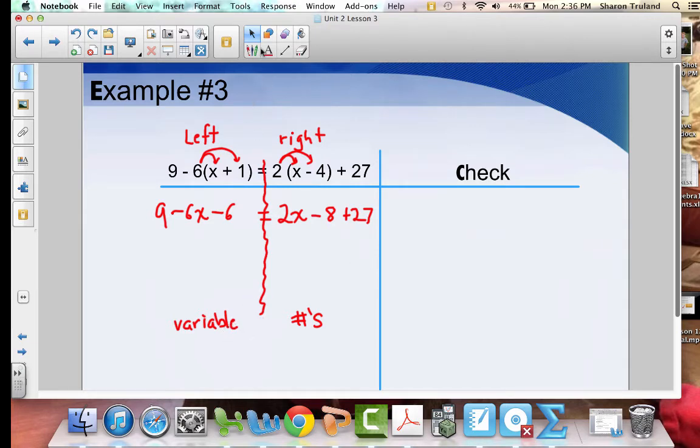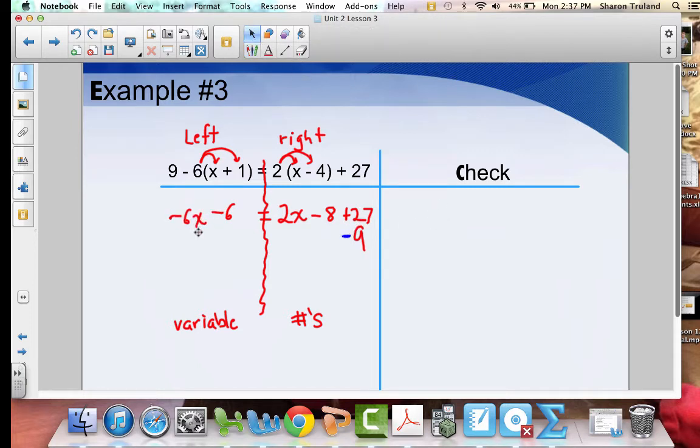So I could do this very systematically. 9. That is not a variable. It's a number. So it gets moved to the other side of the problem. But when it jumps over, remember, we're undoing it. So we are really minusing 9. So its sign changes.